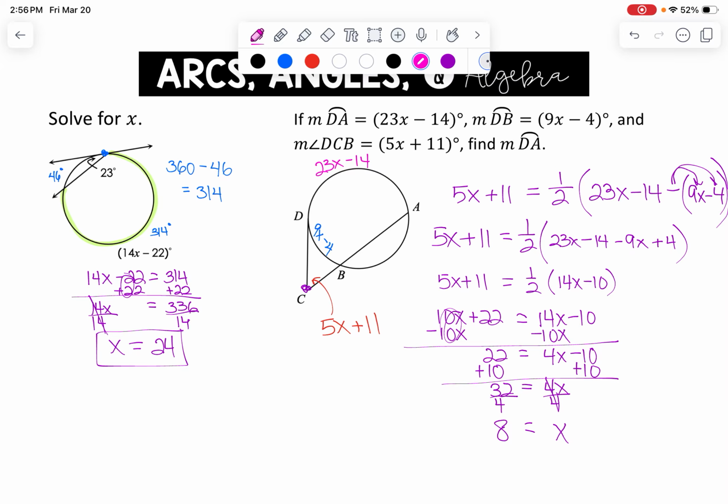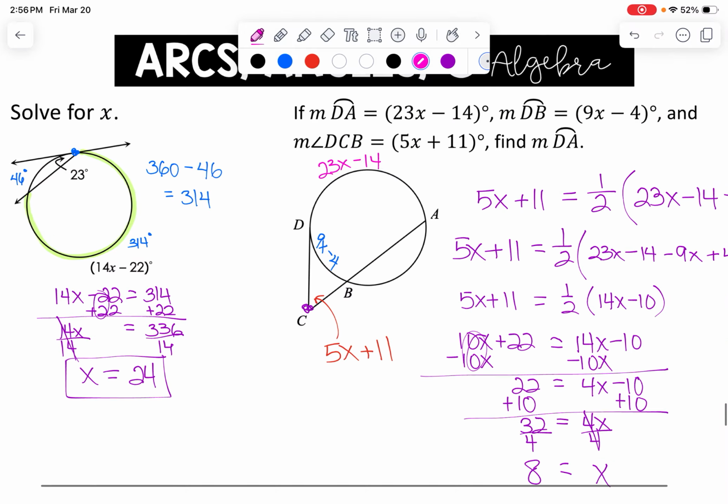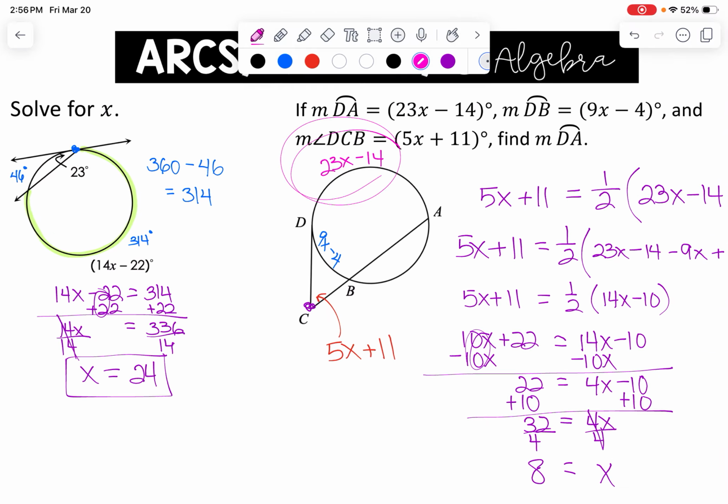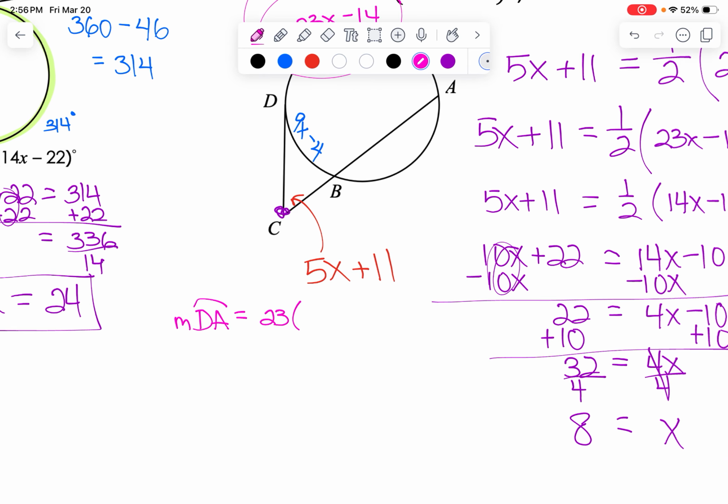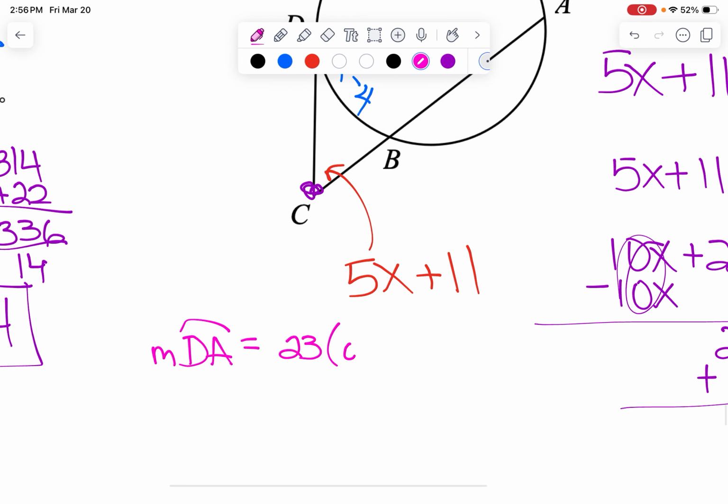It's 23x minus 14, so the measure equals 23 times 8, since we found x to be 8, minus 14. 23 times 8 is 184, minus 14 is 170.